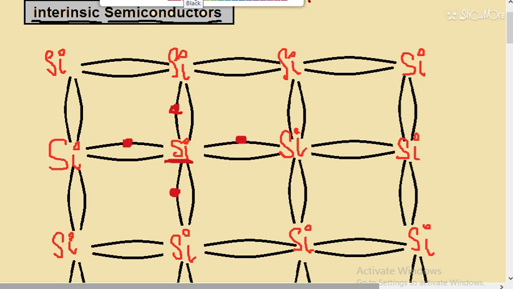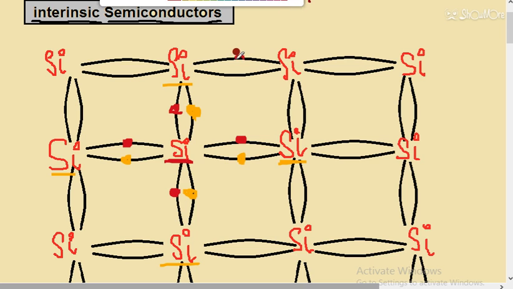Now see, the electron from this silicon is this one, from this left hand silicon, this one, from this silicon, this one. So basically every silicon has 4 electrons like this.